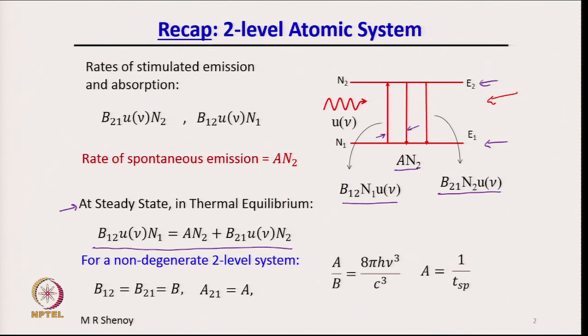For a non-degenerate system, after equating this with the black body radiation, we got the Einstein relations: A by B is equal to 8 pi h nu cube by c cube, and A is equal to 1 by TSP, where TSP is the spontaneous emission lifetime.